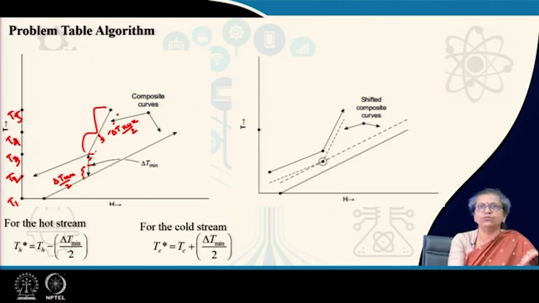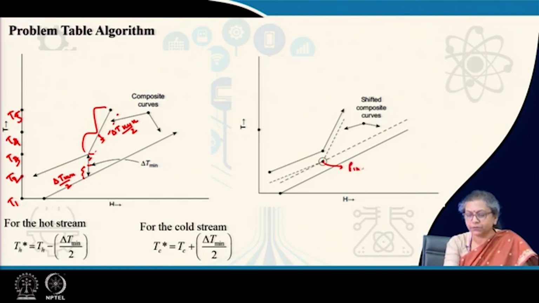For all the cold streams, that is the streams which have to be heated, I increase the start and terminal temperatures by delta T min by 2. The moment I do it, I find that these two shifted composite curves, drawn with the shifted start and target temperatures, intersect at some particular point. This point is my pinch point.